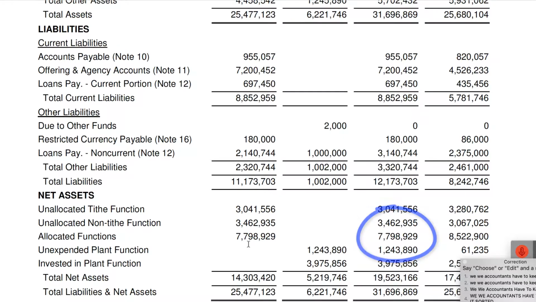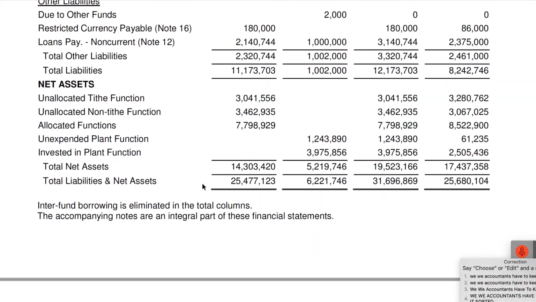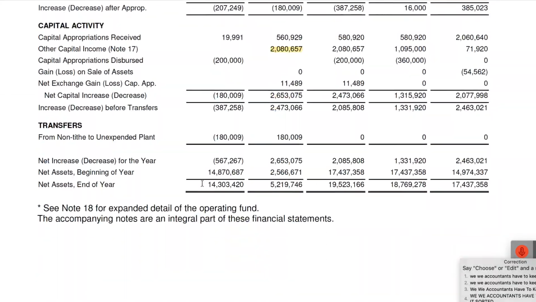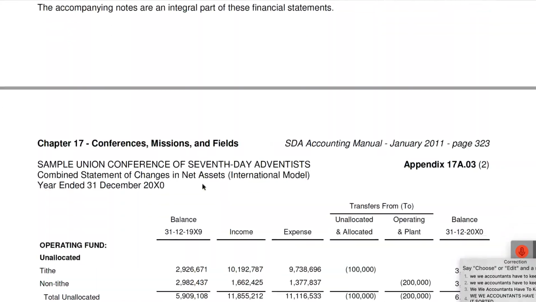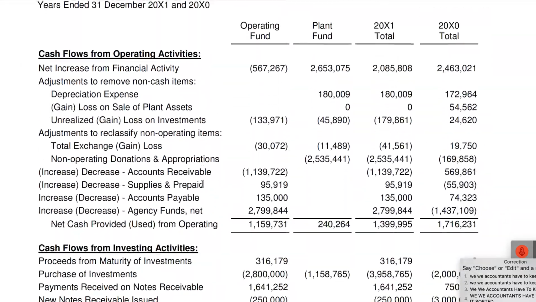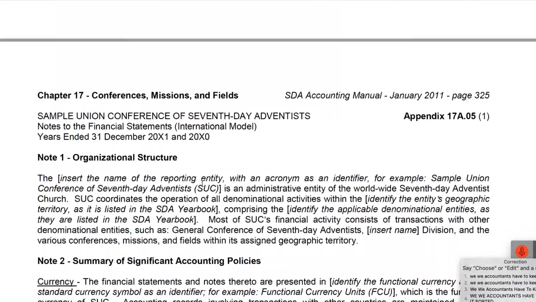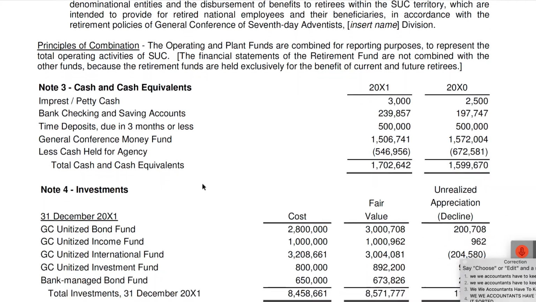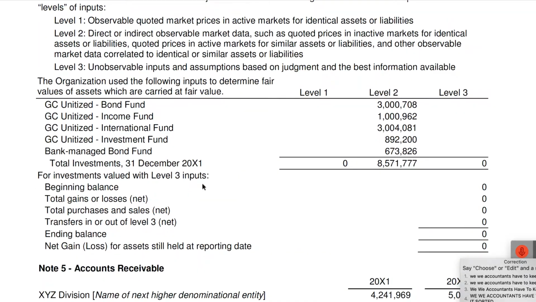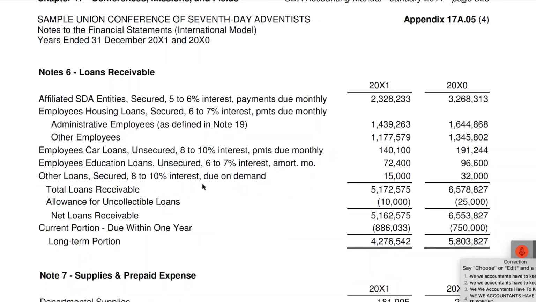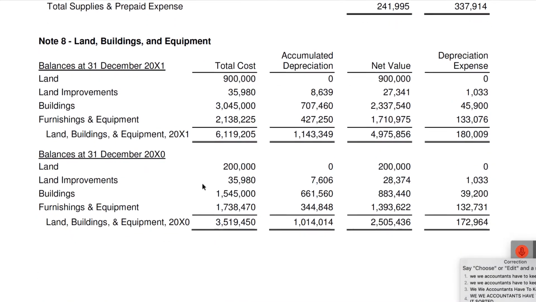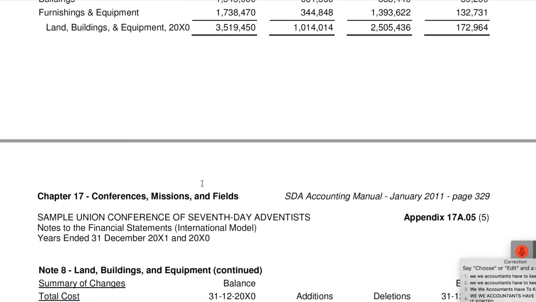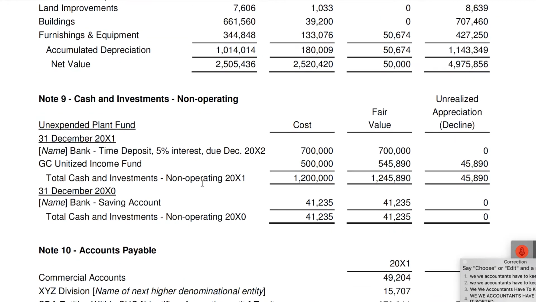So this calculation is done in the financial statements back here in the, let me just scroll back. It's back here in the back of the financial statements. All of them have it. It's a church requirement. If your financial statements don't have it, then you are out of policy. Okay.